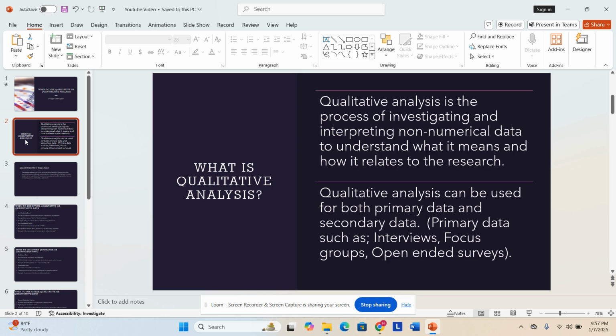Primary data are those data that you get first hand from research participants, like interviews, focus groups, open-ended surveys. By open-ended survey, it means that you are handing out surveys to participants, but in those surveys, it's going to be more of writing their feelings, more of writing their experiences. You understand?